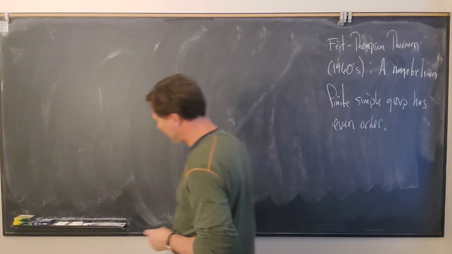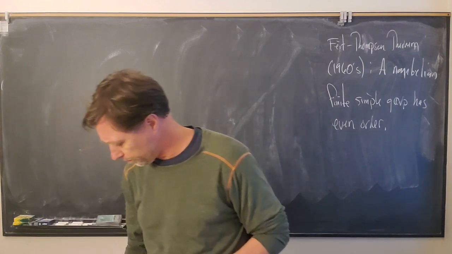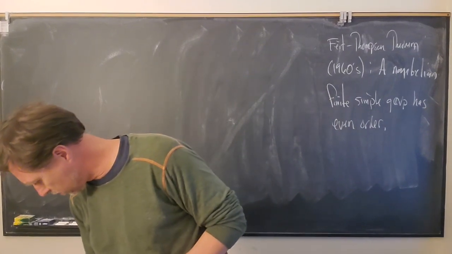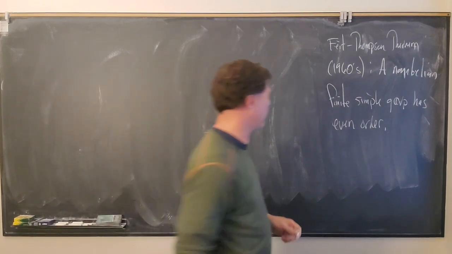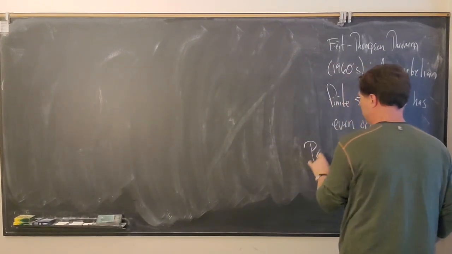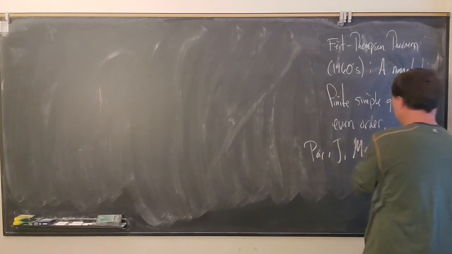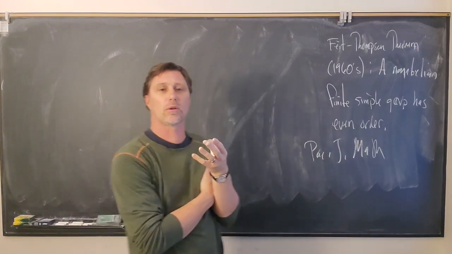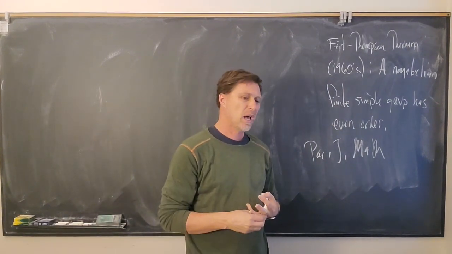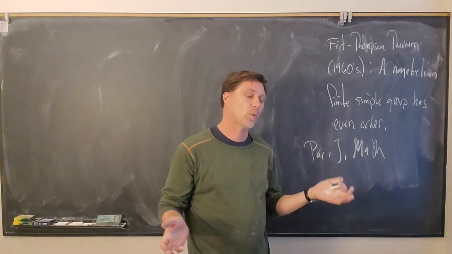Now, I didn't say which journal. I think it's the Pacific Journal of Math, I believe, is where this result occurred. Typically, when you look at mathematical journals, they come out every quarter, sometimes every month, sometimes twice a year.